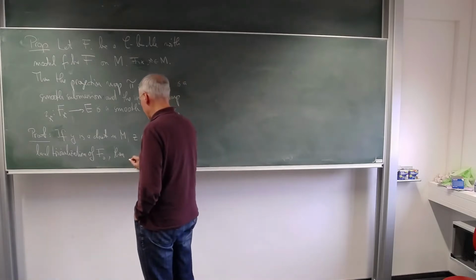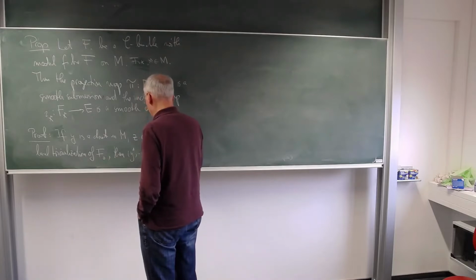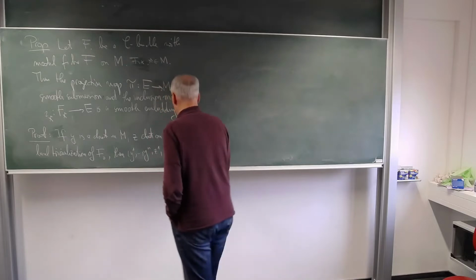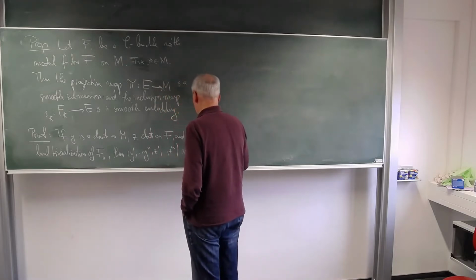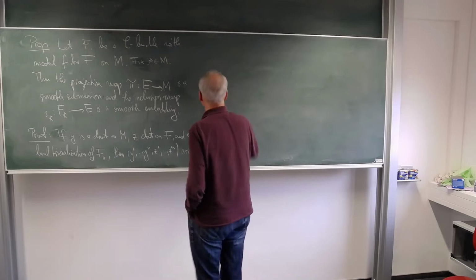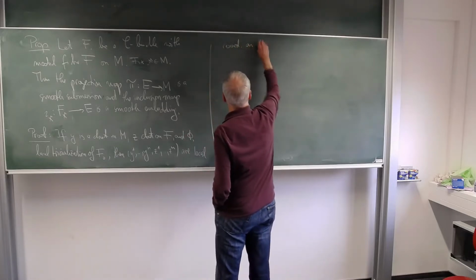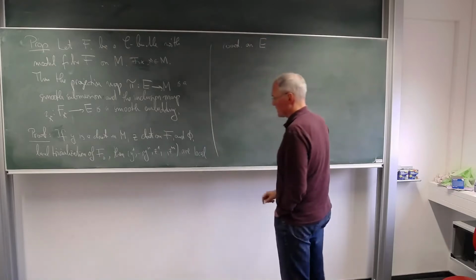So then y1 up to yn, z1 up to zm are local coordinates on the total space as constructed last time.